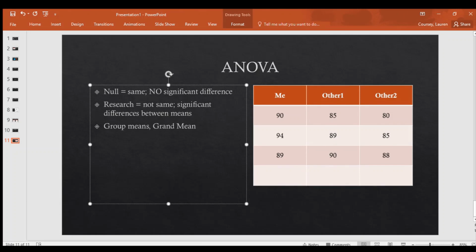I will also want to calculate my degrees of freedom. Because ANOVA is a little bit more complex, I have several different measures for degrees of freedom. So I would have a degrees of freedom measure for my within group comparison, my degrees of freedom for between groups, and then technically a degrees of freedom for the total, which would just be the sum of these two.